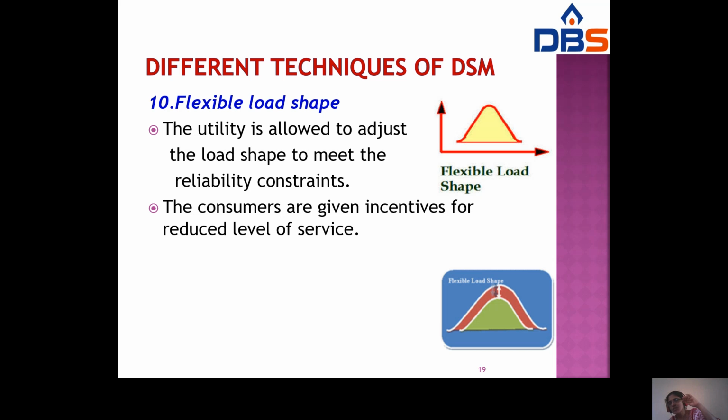So whenever the load shape is made flexible, consumers are given incentives for reducing the level of service. This is about flexible load shape, and how we are allowed to adjust the load shape to meet the constraints.